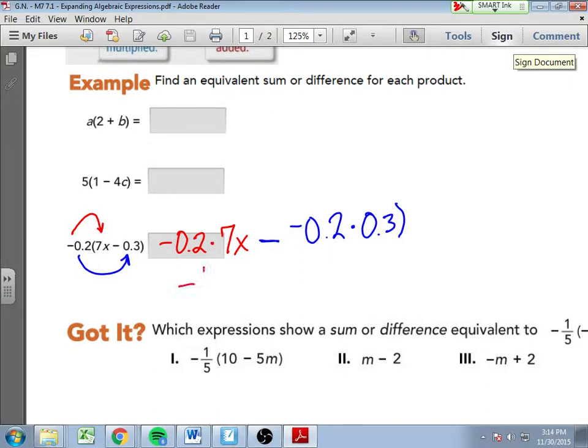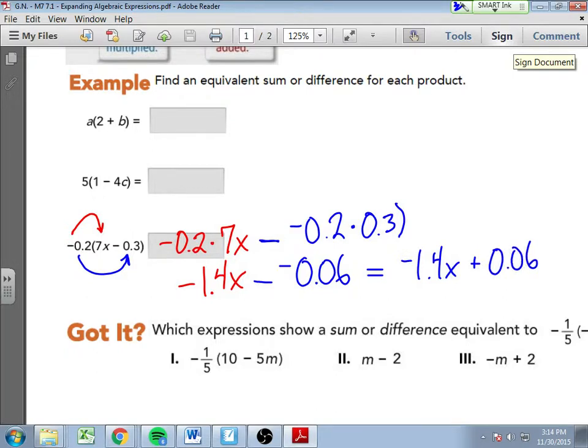This becomes negative 1.4x minus a negative 0.06. Minus a negative is plus a positive. So negative 1.4x plus 0.06. I get the same answer that I had up there. I just got there a different way.